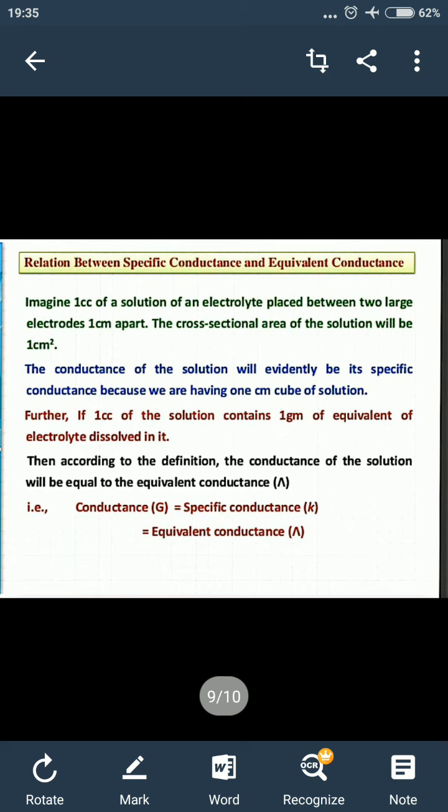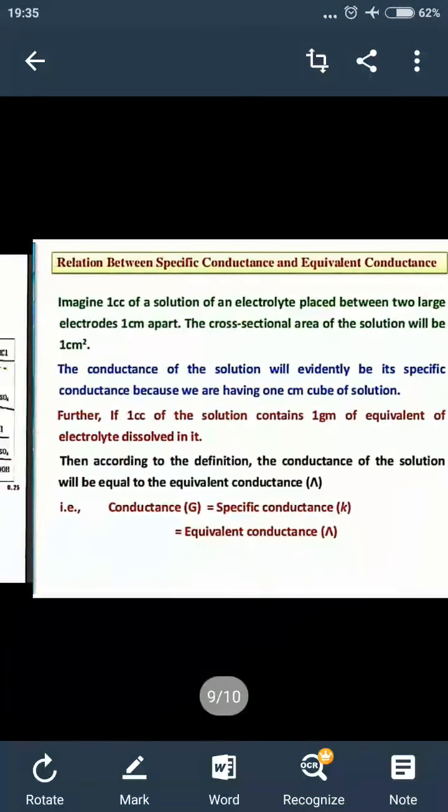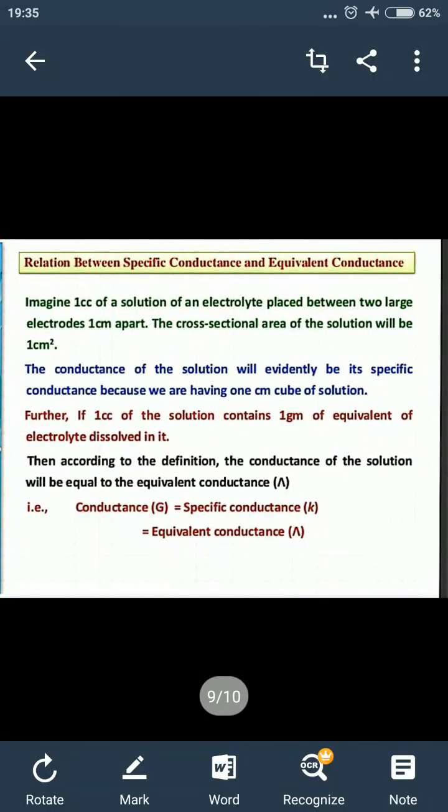Now we come to relation between specific and equivalent conductance. I told you just now that if 1 cc of solution contains 1 gram equivalent or 1 gram mole, then the specific conductance and equivalent conductance are equal.